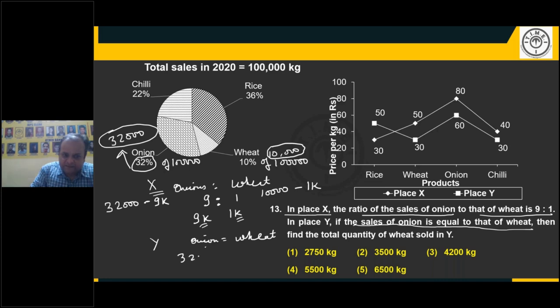So we can say 32,000 minus 9K, which is onion at place Y, is equal to 10,000 minus 1K, which is wheat at place Y. If we solve this, we get 22,000 is equal to 8K, or K comes to be 2750. So our answer should be option number 1.